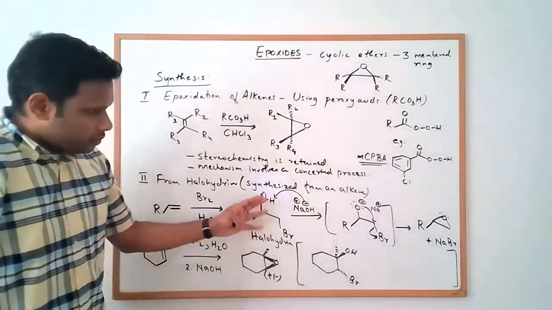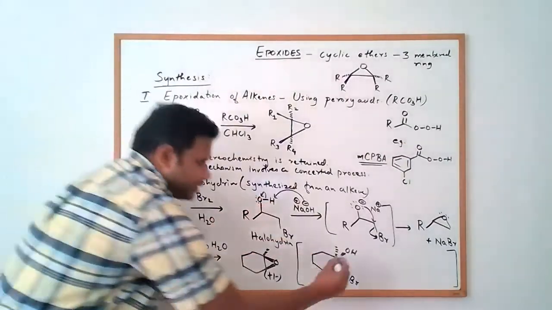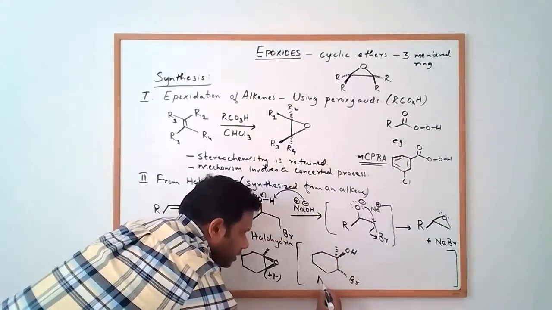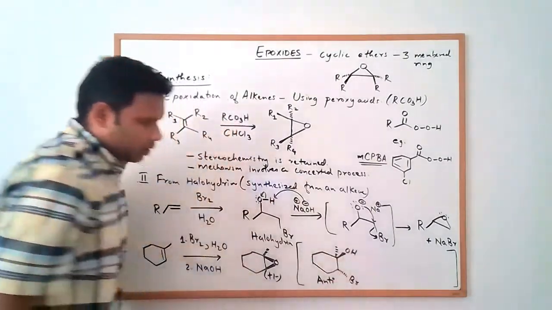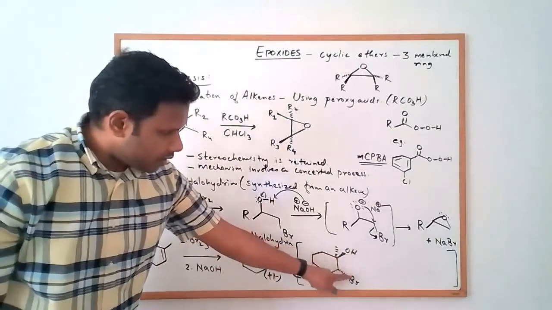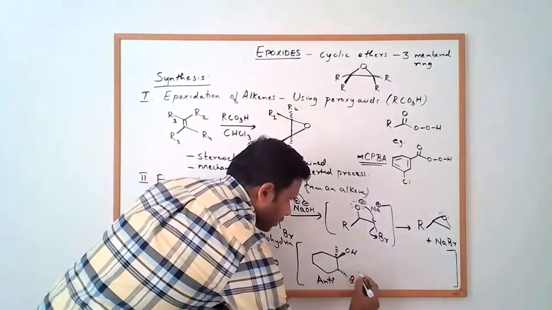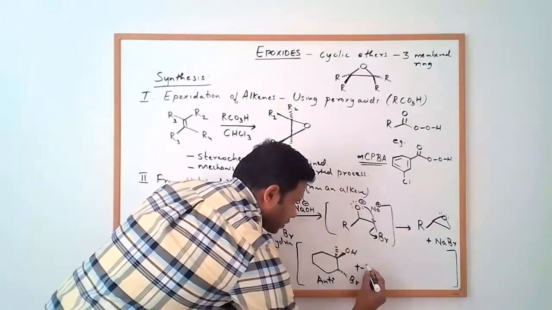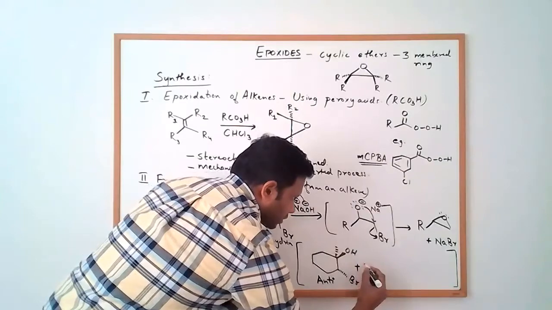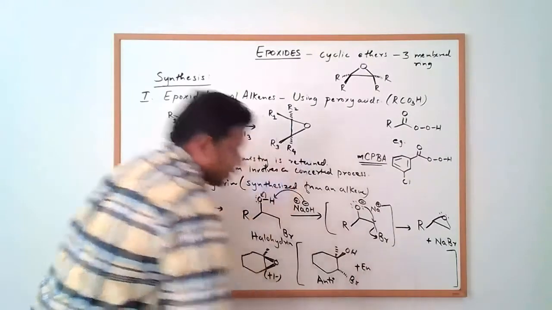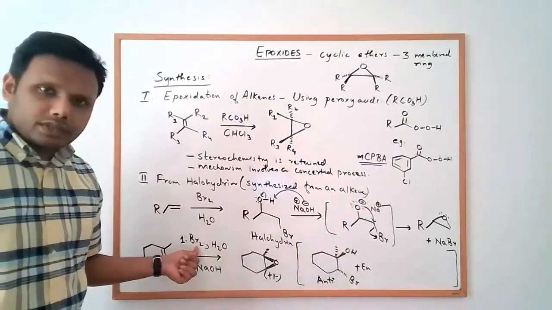Now, something that we could not show here but can be seen clearly here is the anti-addition that happened. So the hydroxyl and the bromine are anti to each other. So this is one possibility. And along with this, you will have its enantiomer. So you're going to make its enantiomer along with that. That would be the intermediate after the first step.